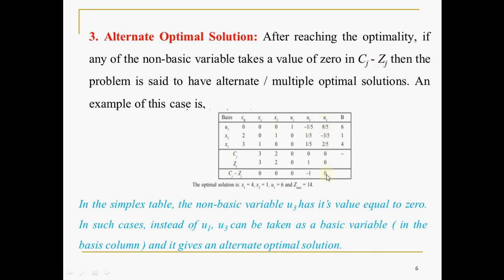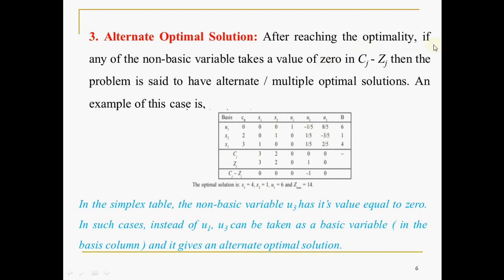In such cases, instead of u1, u3 can be taken as a basic variable in the basis column, and it gives an alternate optimal solution with the same answer. These values may change, but the optimal value, the min or max, will be the same.